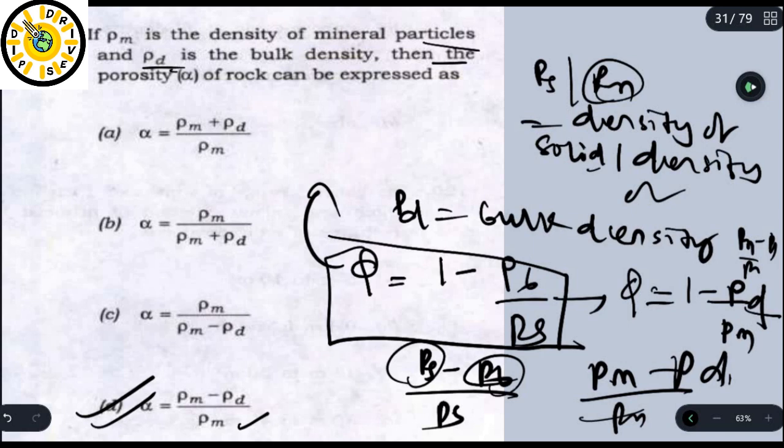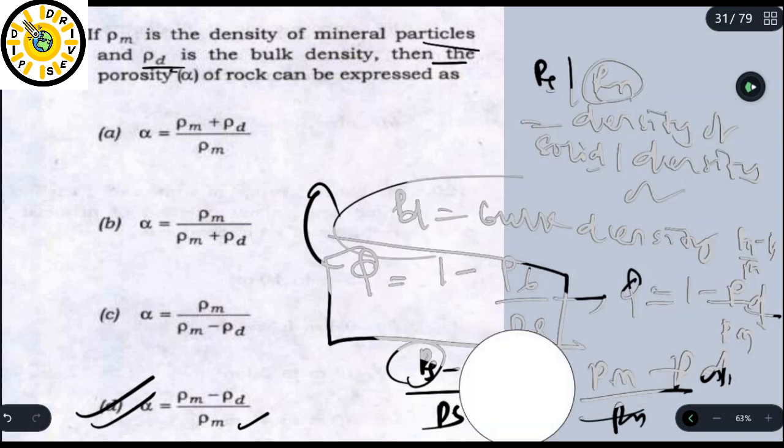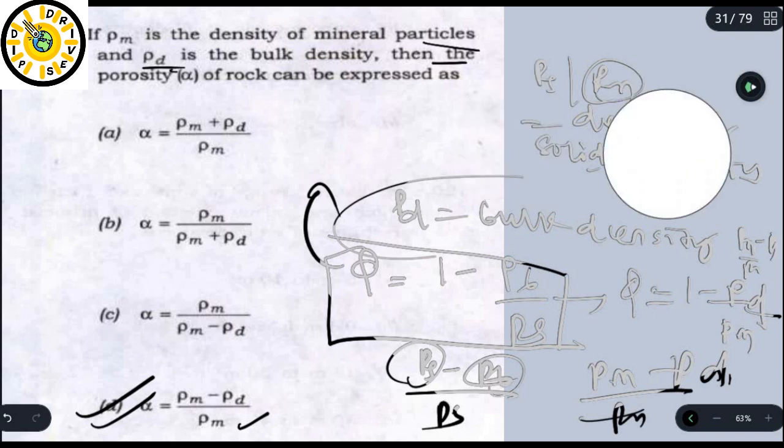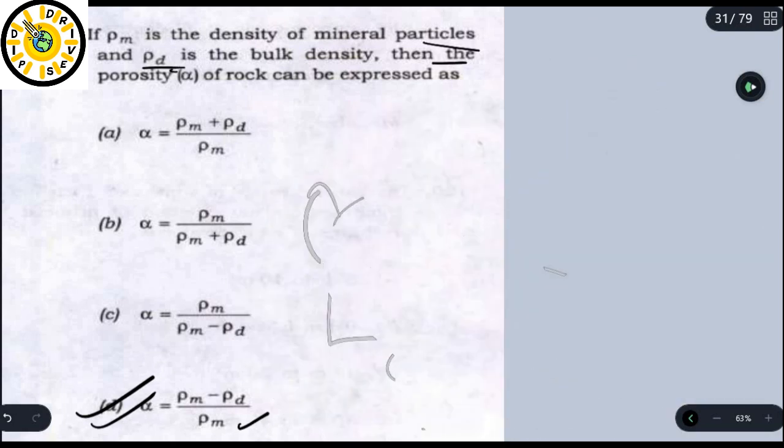Actually, this question is not perfectly framed. We only know the formula, but this formula has been derived from the rock properties. Let me derive this formula also.